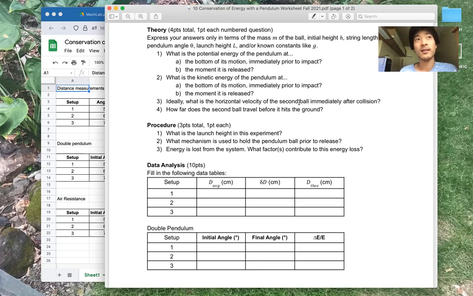If you think about these assumptions, you can work your way back to what factors contribute to energy loss. Because in the lab manual derivation, all the theoretical calculations assumed that energy is conserved. So if you see what assumptions were made to assume that energy is conserved, you can work your way back to what factors contribute to energy loss.